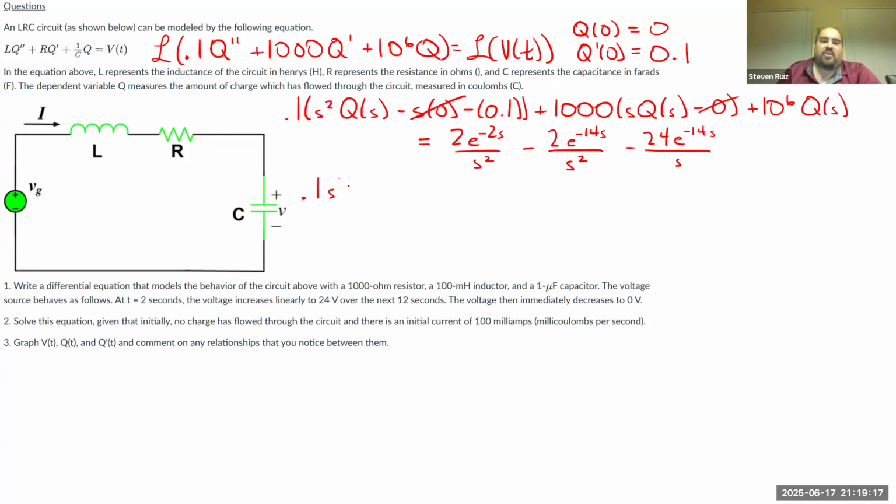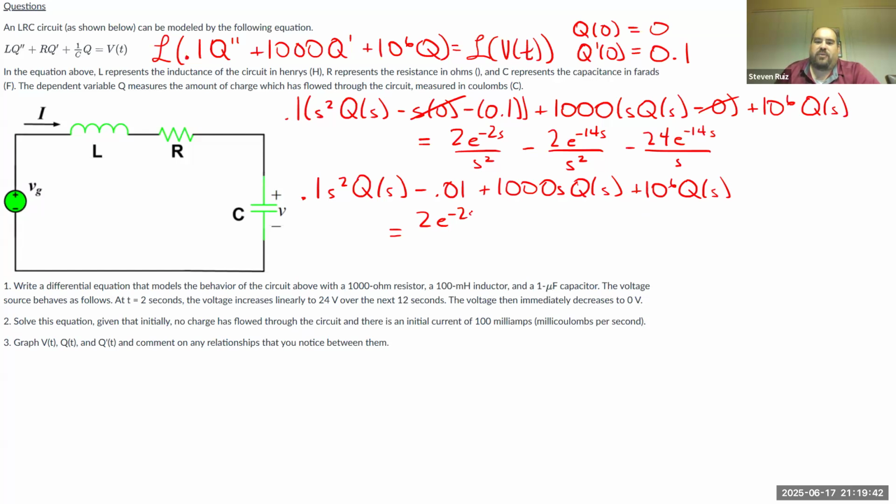So 0.1 s squared Q of s minus 0.1 times 0.1, so 0.01, plus 1,000 s Q of s plus 10 to the 6th Q of s equals our forcing function, 2e to the negative 2s over s squared minus 2e to the negative 14s over s squared minus 24e to the negative 14s over s.